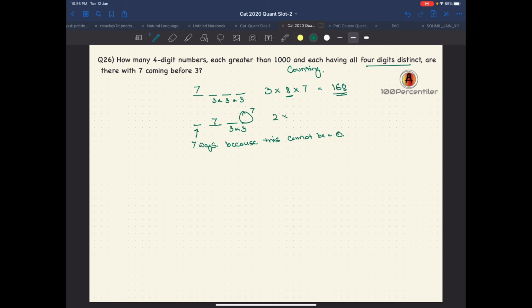So this is 2 cross 7 cross 7. Therefore 98 cases. Next we have 7, 3. So there's only one case here, and we can fill the digits in 7 cross 7 ways, which is 49. So adding these 3 values, 168 plus 98 plus 49, will come out to be 315. Therefore 315 is the required number of numbers here.